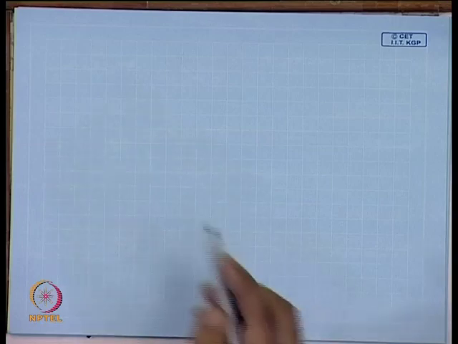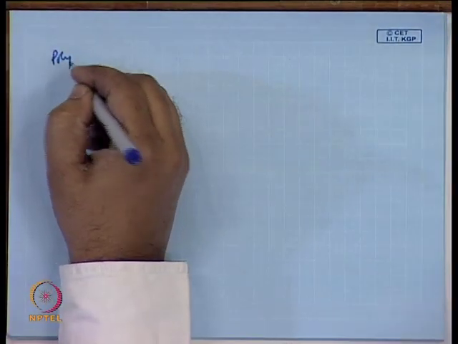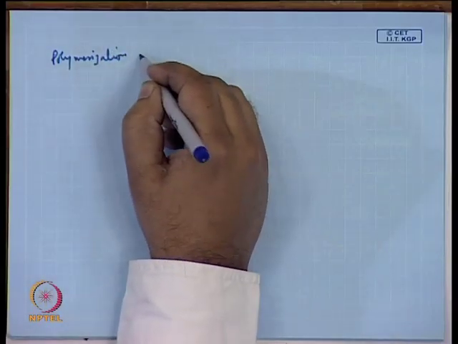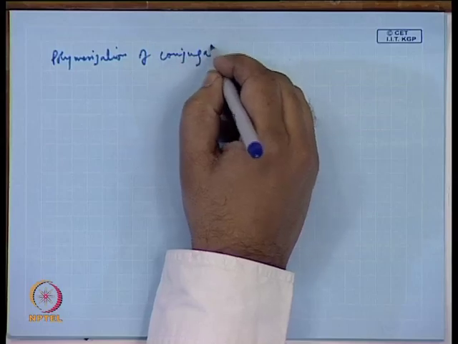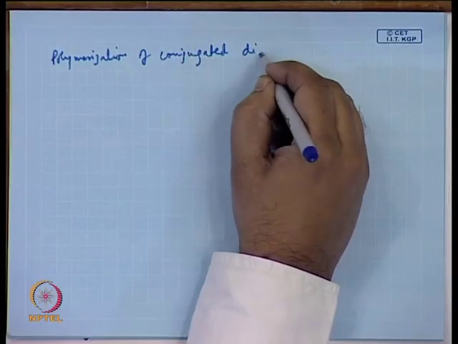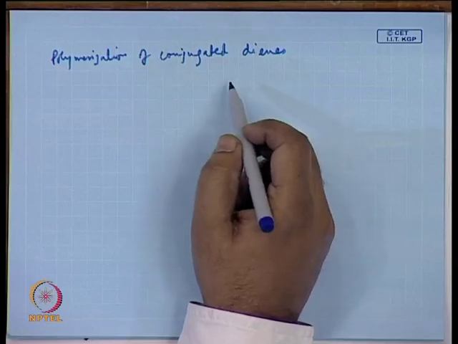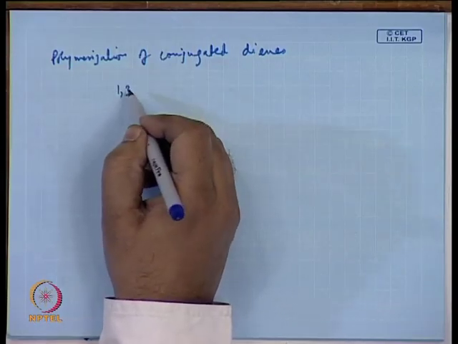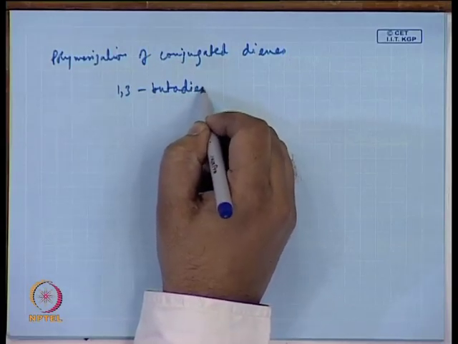Now, let us talk about the polymerization of conjugated dienes. This will give us an idea about geometric isomerization. Let us consider the simplest of the dienes, which is 1,3-butadiene.